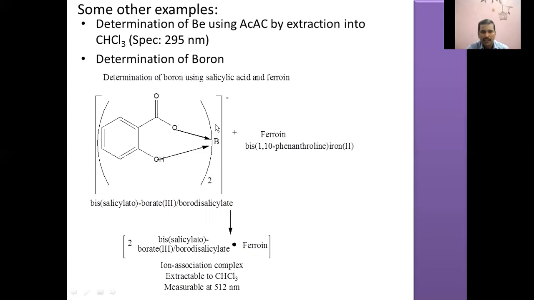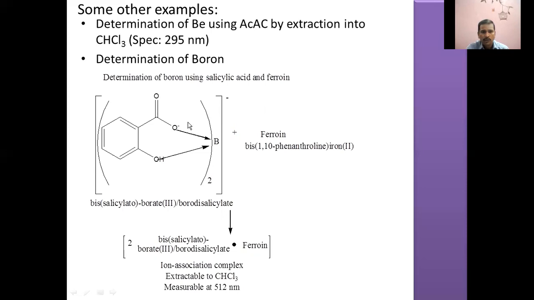So in order to extract this into organic solvent, you have to neutralize this charge. How to do this? You need a counter reagent which has positive charge. Ferroin is a positively charged metal chelate complex with 2 plus residual charge.